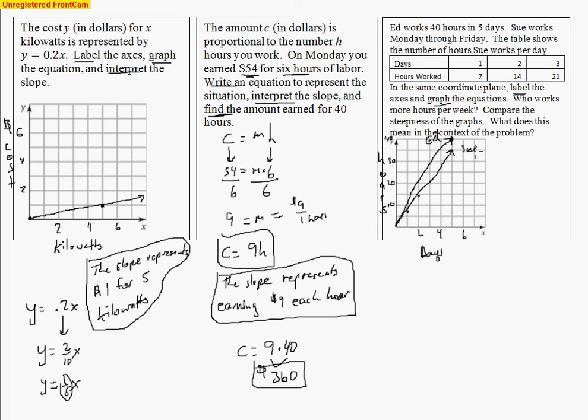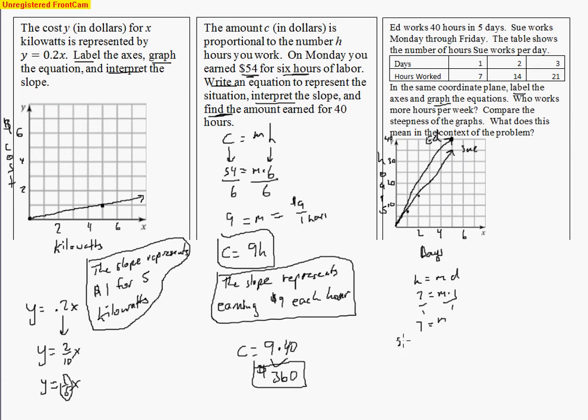And that is Sue. And so now we need to find who works more hours per week. And so in 5 days, we want to find out how many hours Sue's going to end up working. So if we just start with the number of hours equals a constant rate of proportion for the number of days worked. If I know that in 1 day she ends up working 7 hours, that means when I divide by 1, her constant of proportionality is going to be 7.